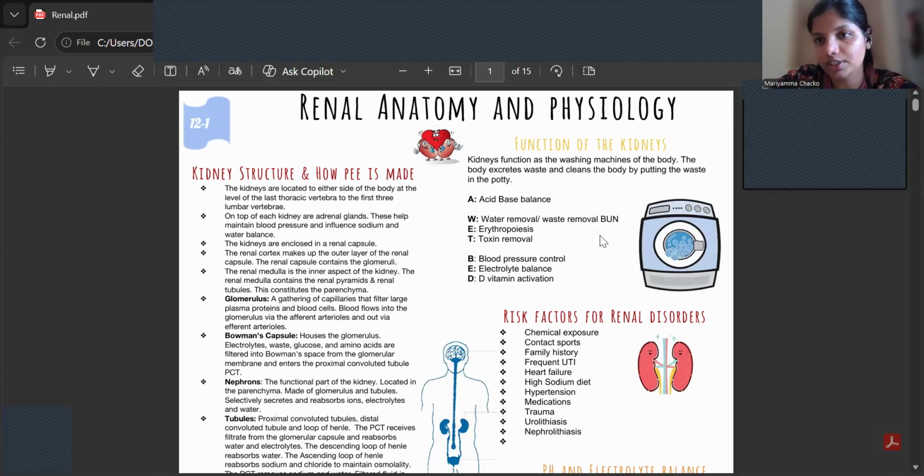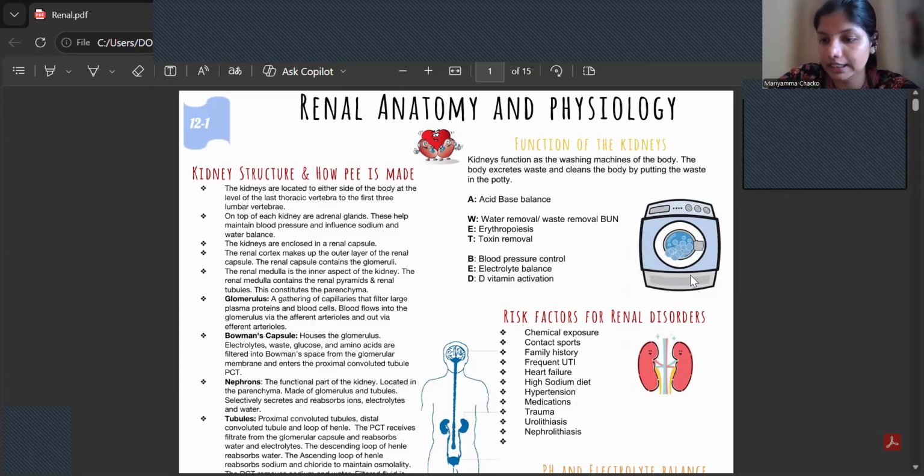If water accumulates in the body, what happens? Yes, fluid accumulation. And what will happen if waste accumulates, that is urea and creatinine? It may result in uremic encephalopathy, which means urea and creatinine in the blood affect the brain also.